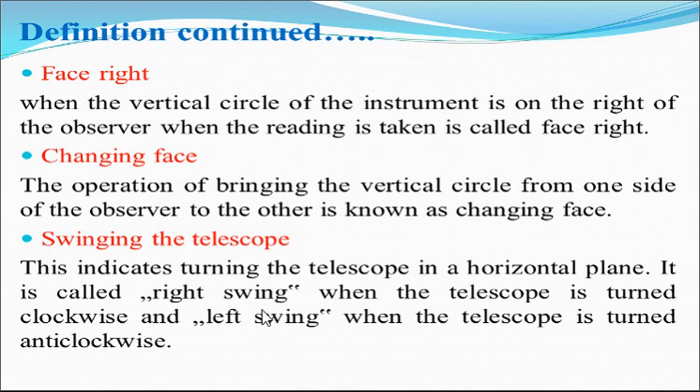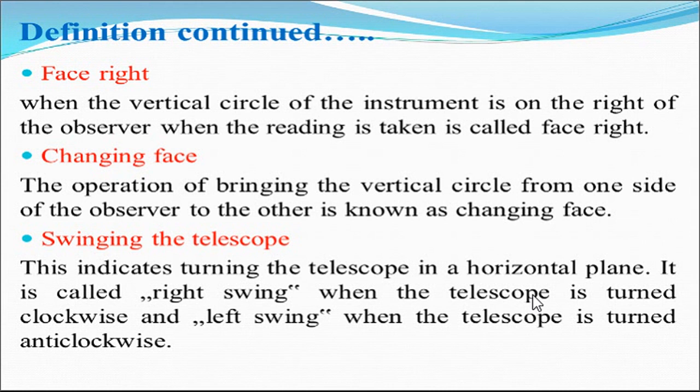Now swinging the telescope indicates the turning of the telescope in the horizontal plane. Previously we saw face left and face right, where the telescope is revolved in the vertical plane about the horizontal axis. Now in swinging, the instrument is revolved about its vertical axis in the horizontal plane.